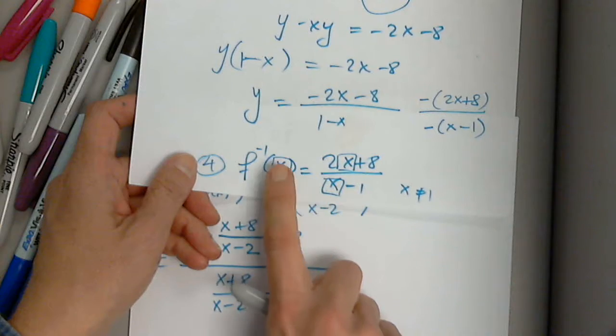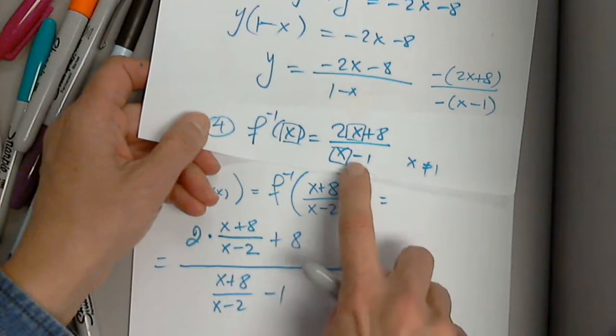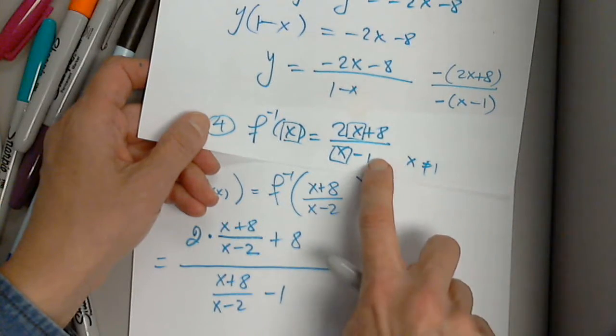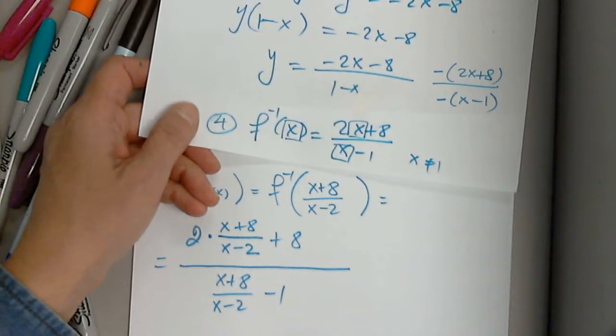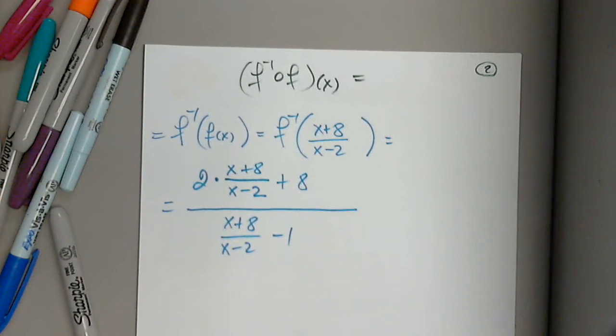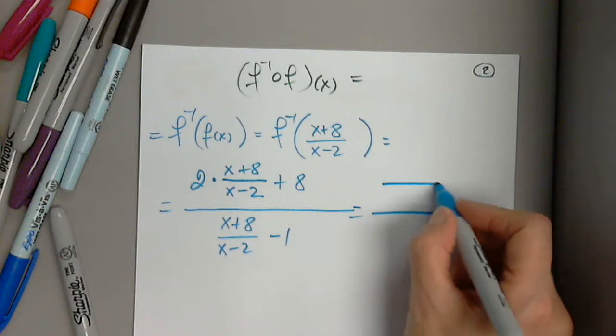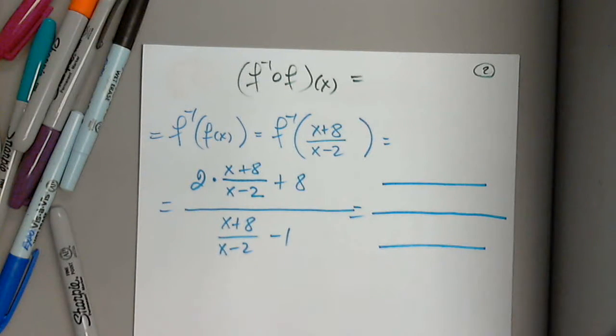This is the same expression. So the same expression is here in the denominator, minus 1. Is that okay? Everyone? Okay, so now this is a complex rational expression. We have to find the least common denominator, top and bottom.